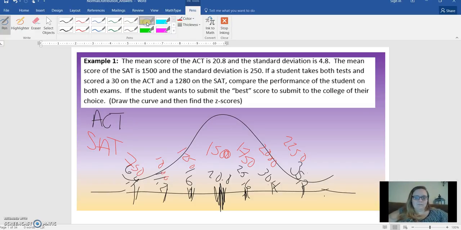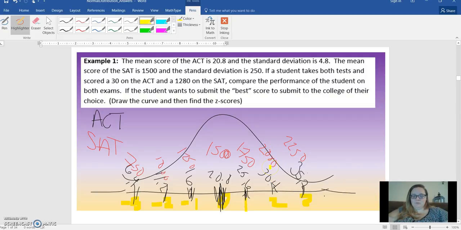All right, here's a couple of things we know from this data. Remember this is 0, then 1, 2, 3, negative 1, negative 2, negative 3. Positive 2 standard deviations away from the mean is the exact same as 30.4 on the ACT or 2000 on the SAT.